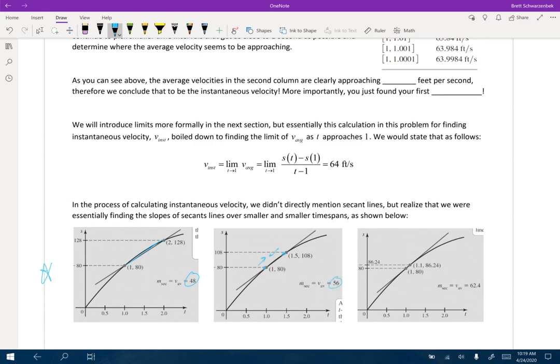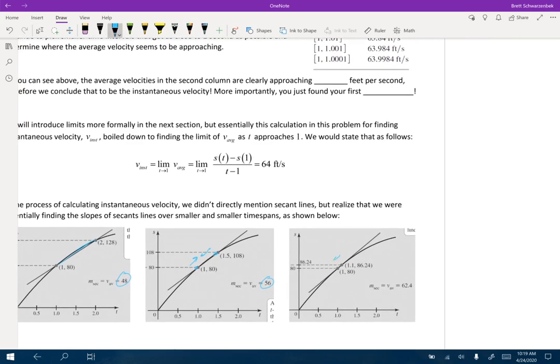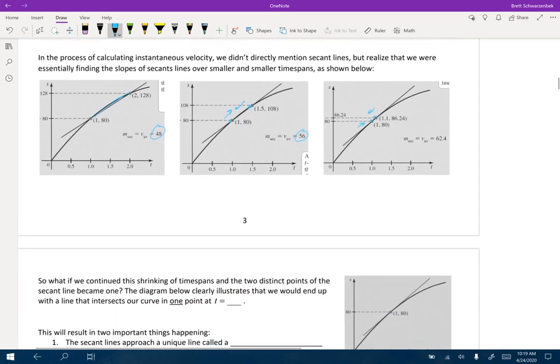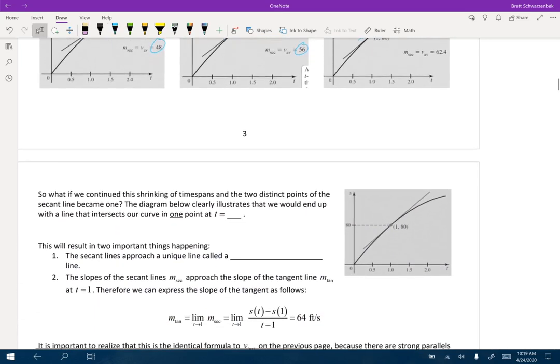Now let's shrink it again. Going in, we're now at 1 to 1.1. What is happening here with these points? They're getting closer and closer to one another, and what do you think eventually is going to happen? They're eventually going to be just 1 point right on top of each other at t equals 1. Okay, that is the concept that we are dealing with in this whole thing.